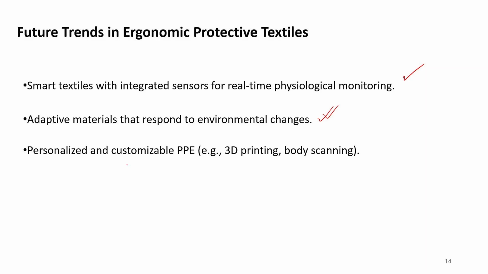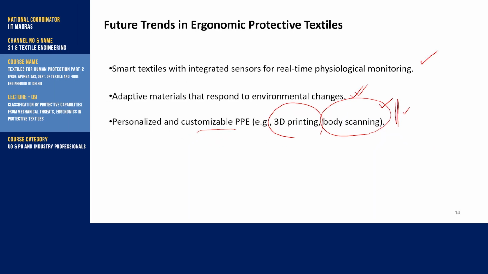Personalized or customized PPE. 3D printing or body scanning systems can be used to have some personalization. Different humans have different body features, so if we use 3D printing or body scanning, then the PPE can be personalized for their respective body shape, so that we can design ergonomically comfortable protective textiles.